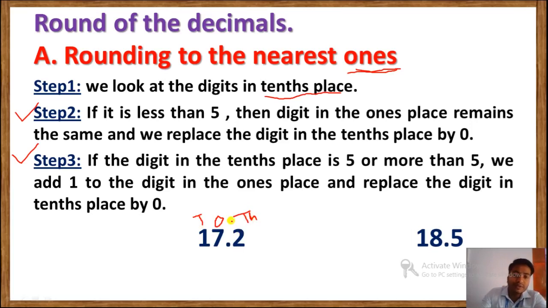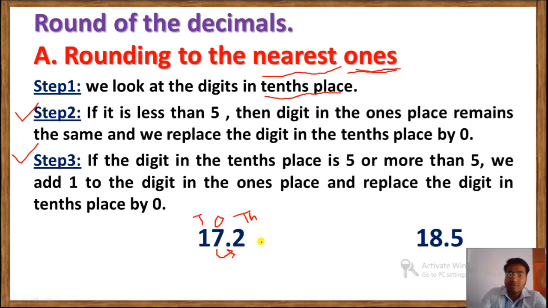According to step number 1, we have to see the 10th place for rounding to the nearest one. This is the ones, and we have the 2 in the 10th place, just to the right side of the ones place.